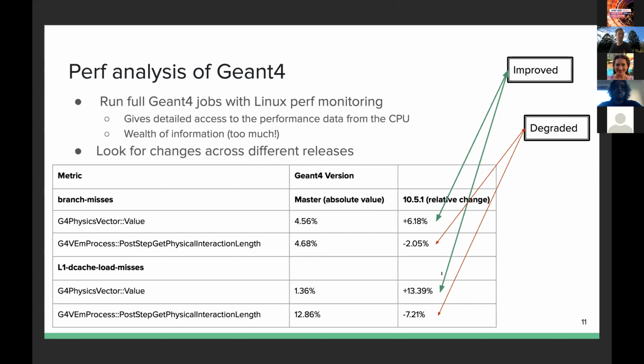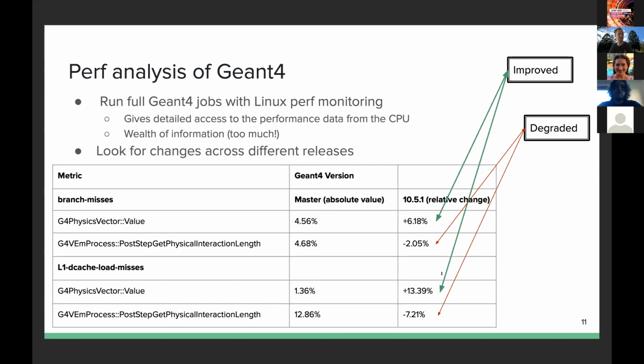So here I just flash up an example where you can see that between the current master branch of Geant4 and the old 10.5 release, there were significant improvements in the Geant4 physics vector value, but some definite degradations in the electromagnetic process, getting the physical interaction length.